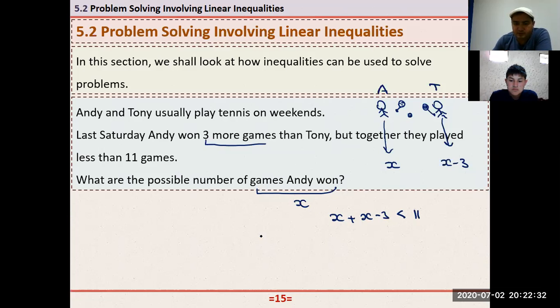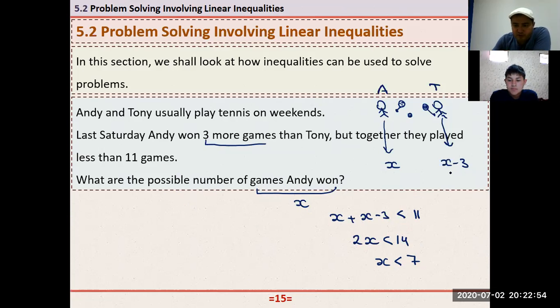Right? So now the question is, what are the possible number of games Andy won? So we need to find possible values of X. From here, take to the right-hand side, it is 14. So X is less than 7. What numbers are less than 7? 6.